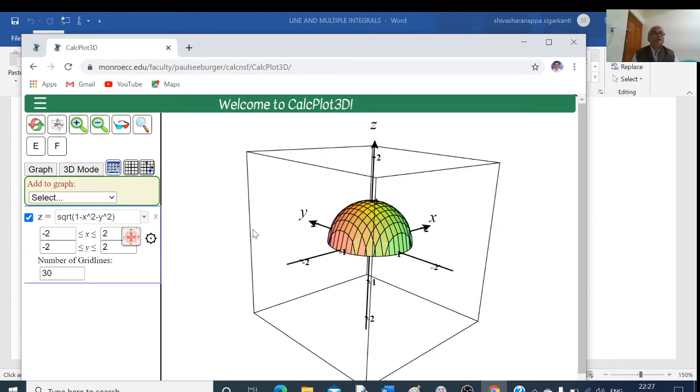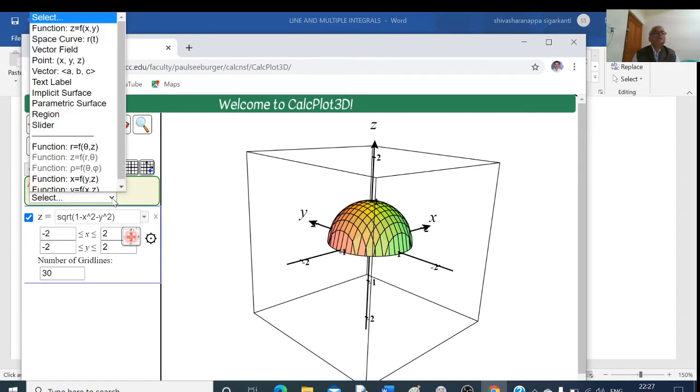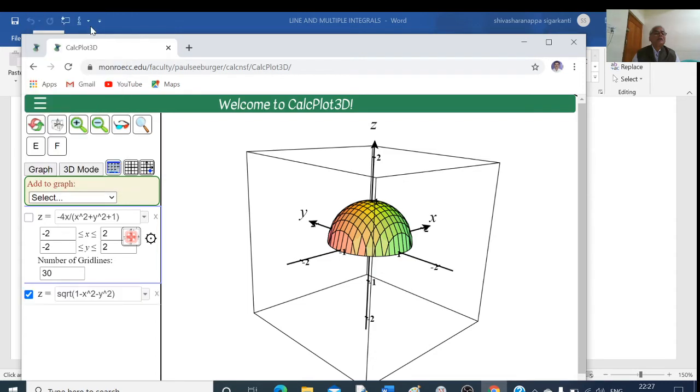So the whole sphere is given by z equal to plus or minus square root of 1 minus x square minus y square.